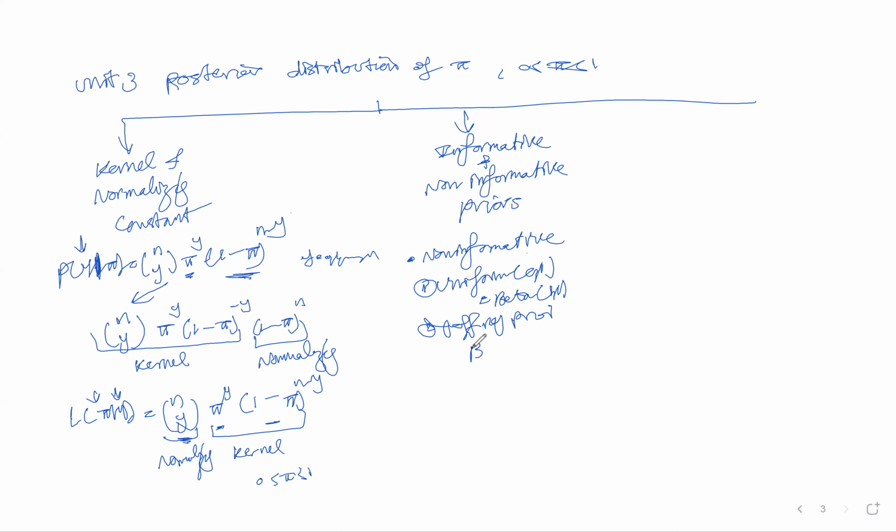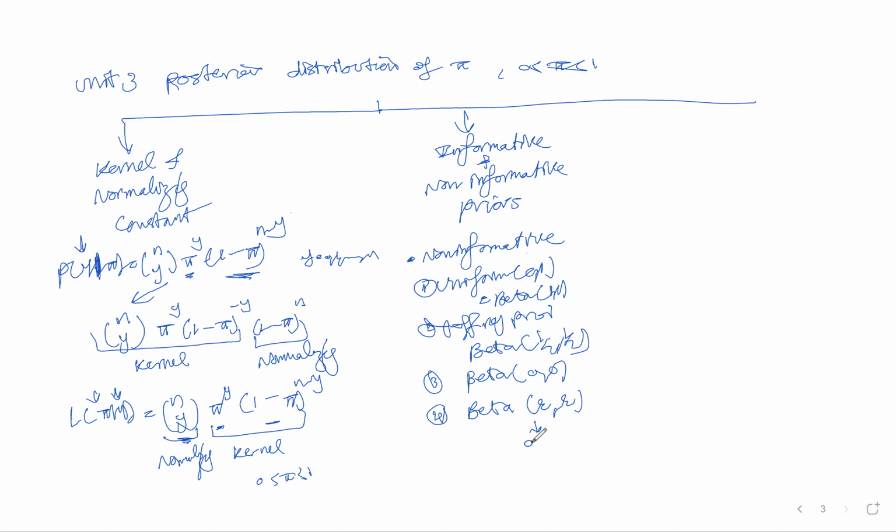Jeffreys prior is beta half. Yesterday we also covered beta 0, 0, but this one is improper. This is why they changed it to beta epsilon. This value is a very small value.